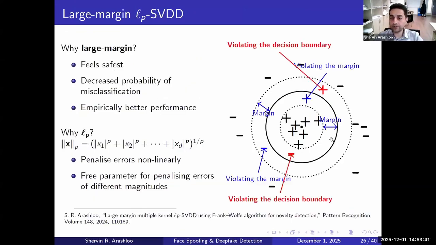So visually, given this solid circle as the original decision boundary, our method forces positive samples to be enclosed in a smaller circle, that is the large margin concept, and negative samples to lie outside another bigger circle or hypersphere in a higher dimensional space.